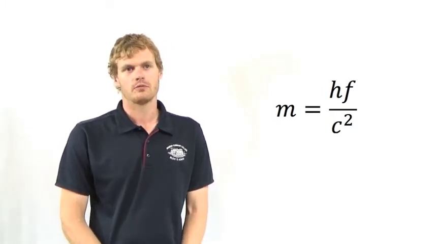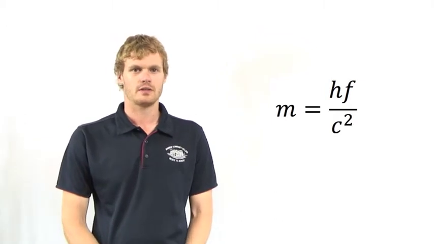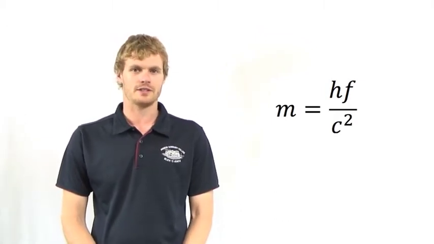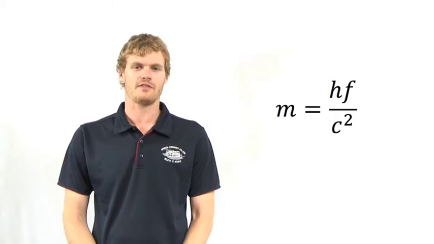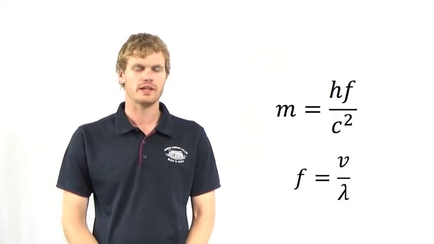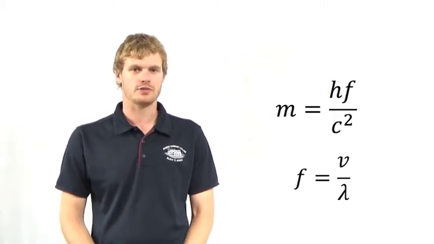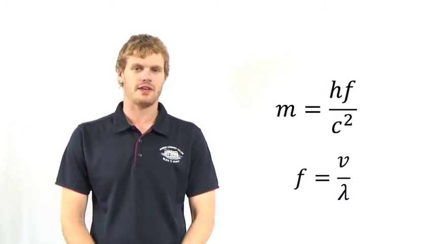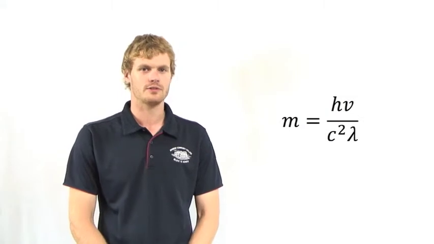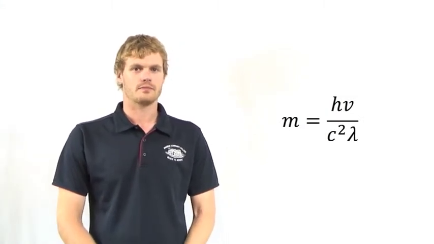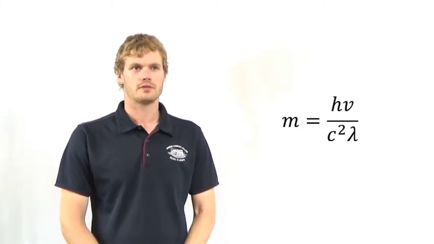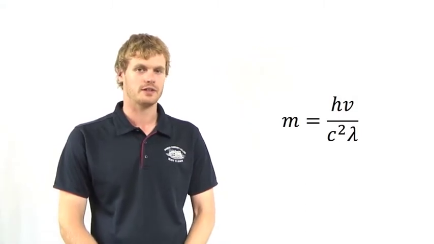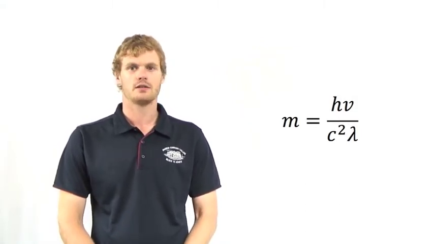Now, the wave equation, v is equal to f lambda. If we get f by itself, we get f is equal to v on lambda. So if we substitute this in for f, we get m is equal to h v divided by c squared lambda.